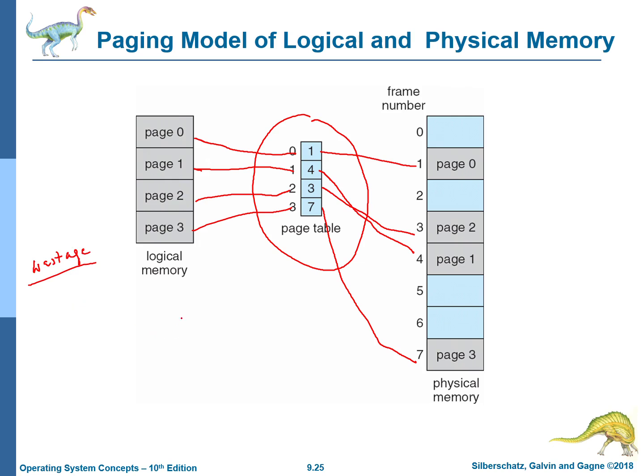For example, in this example, if every page is of size 1k, and every frame is also 1k, because page and frame size are equal. Now suppose I have a program that might be 2.3k in size.